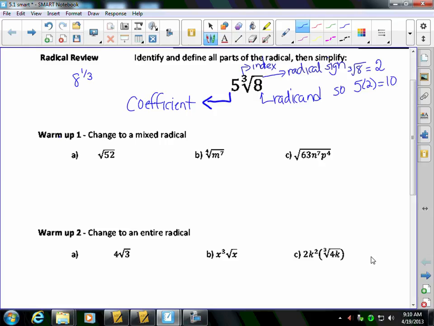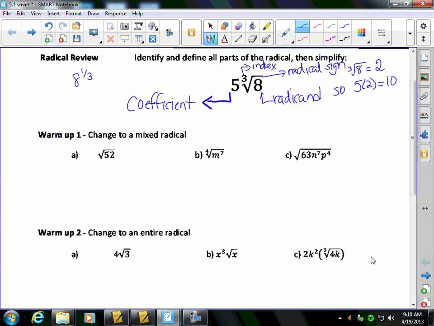Okay, when you're changing a whole number to a mixed radical, in the last unit they did that in the answers because they assumed you remembered how when you did that in Foundations 10. What you're doing when you're changing a number from a whole radical to a mixed radical is checking to see what is the biggest perfect square, or in some cases, like in B, a perfect fourth root, that you could take out.